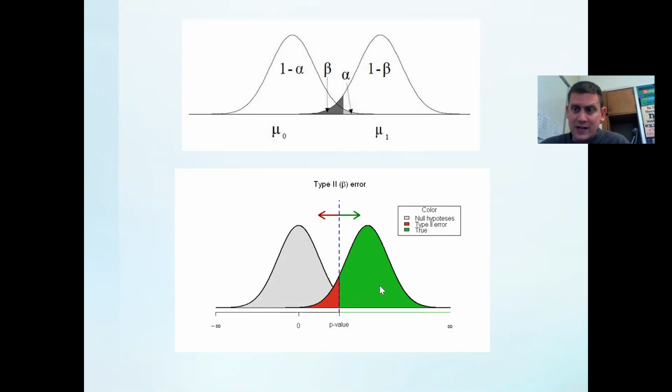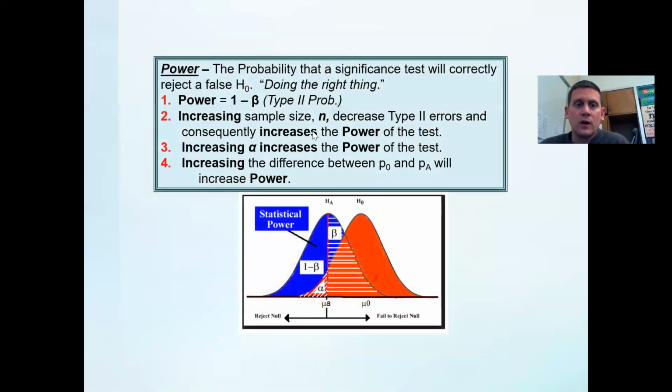So it's really the green over here that is the power. Again, this is true. We made the correct decision by going over here. So we don't have this. That's the power of the test. Increasing sample size n decreases type 2 errors and consequently increases the power of the test. So if you can increase sample size, that's great.